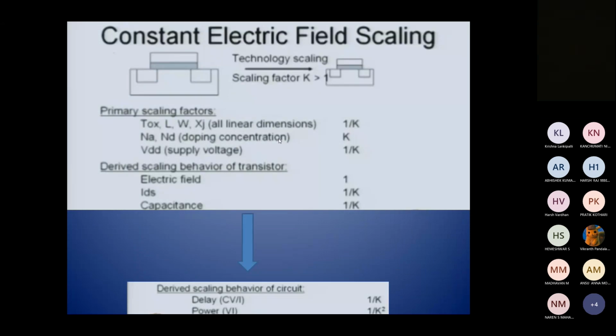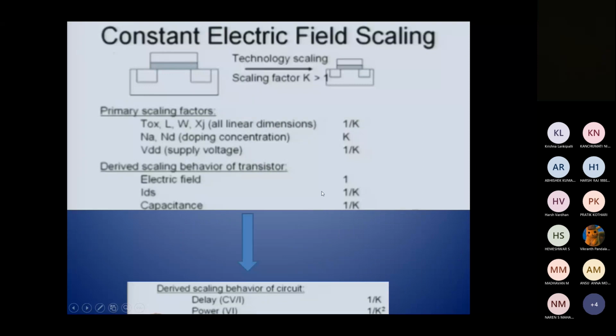Due to the primary scaling factor, the linear dimensions are reduced by k and the supply voltage is also reduced by k, so obviously our electric field has to be constant.